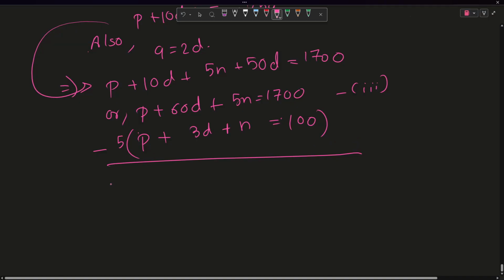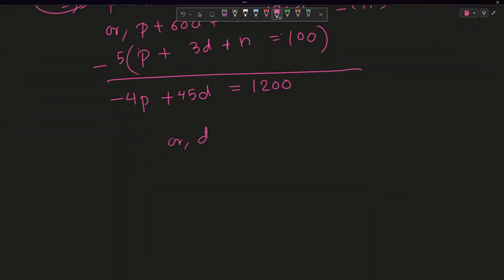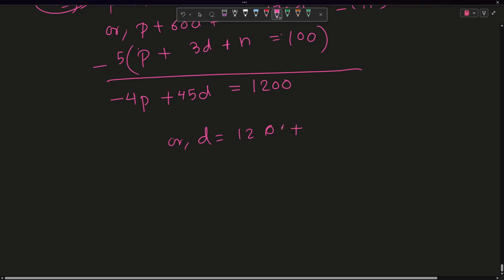So we get minus 4P, plus 45D, and this is just 0, and this is 1200, or D is equal to 1200 plus 4P by 45.